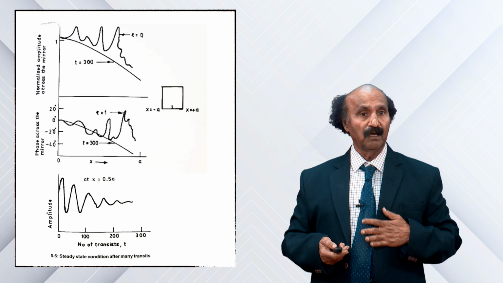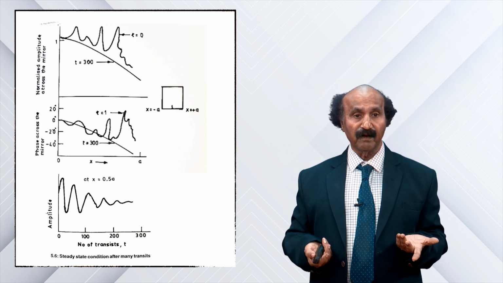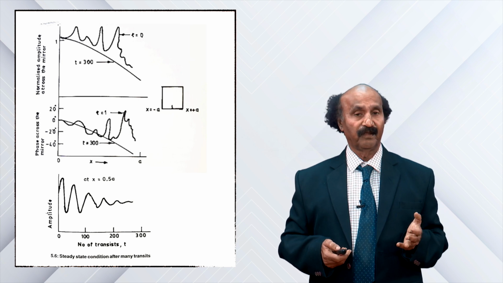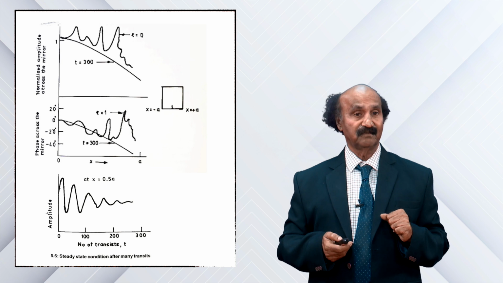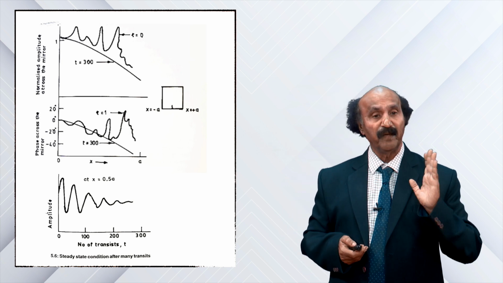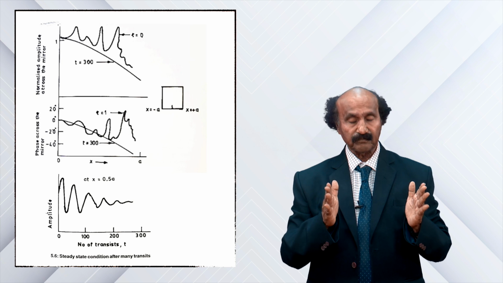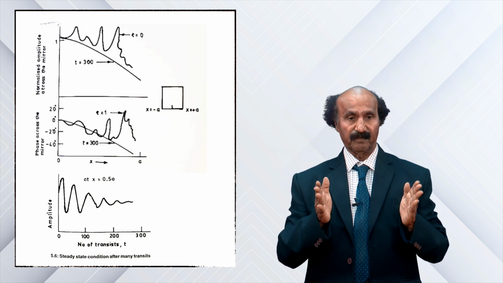Now the question is, how can you get 300 iterations? If you can get 300 iterations, whatever you predict is understandable. In principle, this is what the theory showed. In practice, it is easy to realize. Let me explain. Imagine that the distance between the two mirrors is about 15 centimeter.